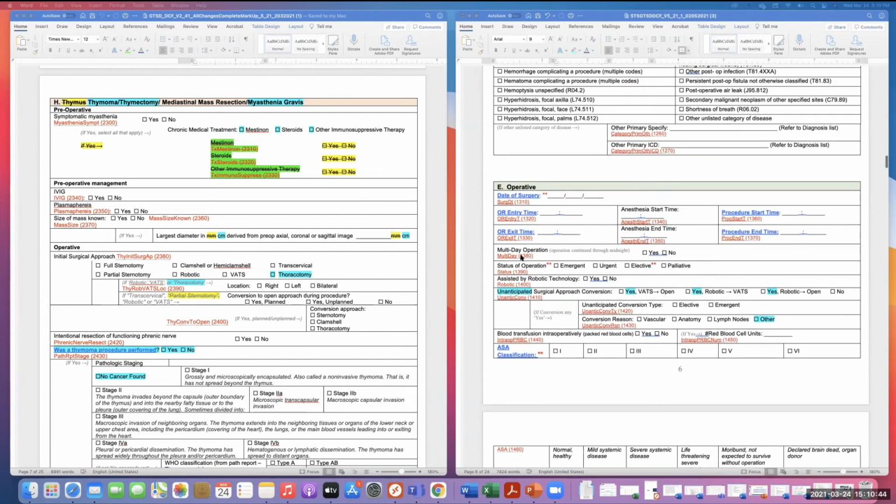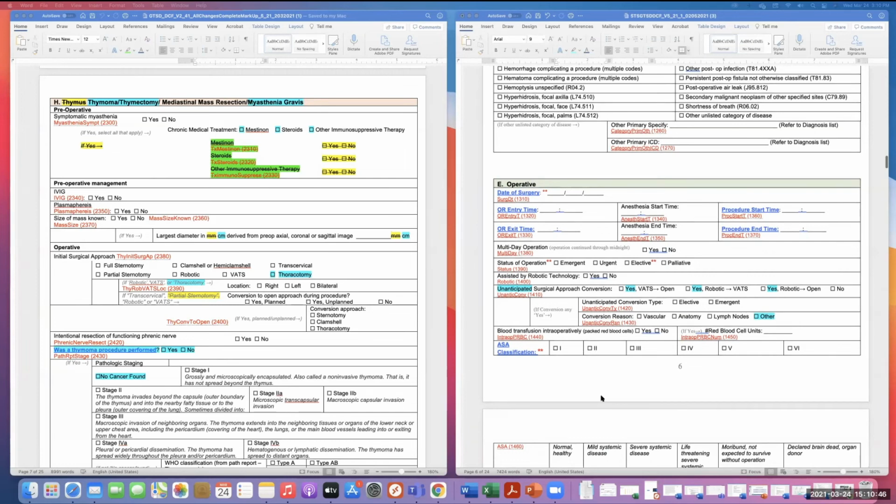Oh, multi-day operation. No, that's just if they go through midnight. Well, it isn't an unexpected return to the OR, right? So I would just think you do two, particularly if you're doing 2 different sides, you would just do 2 different data collection forms, each considering it a primary operation.